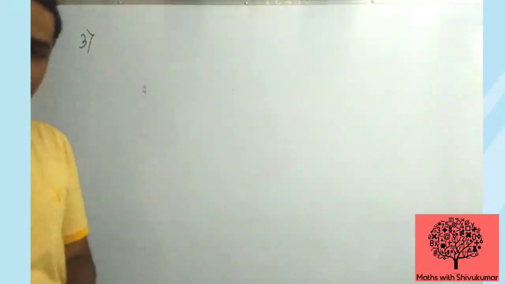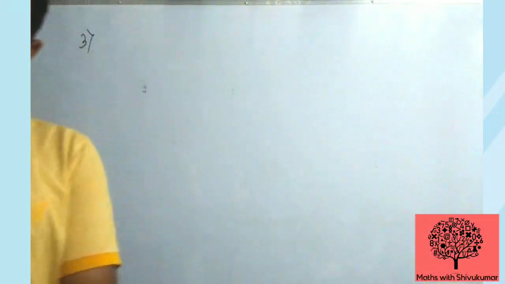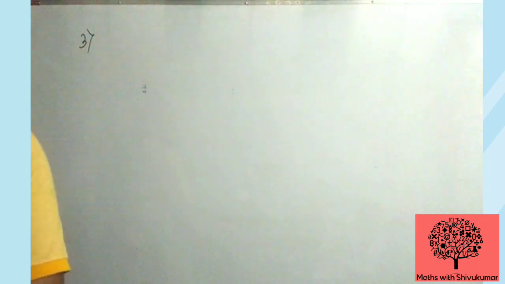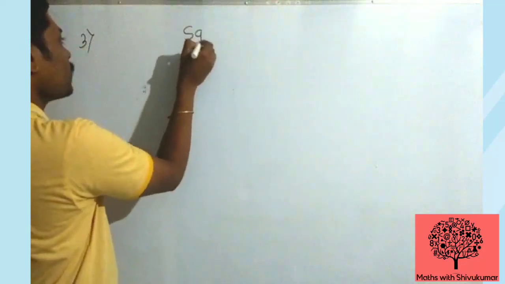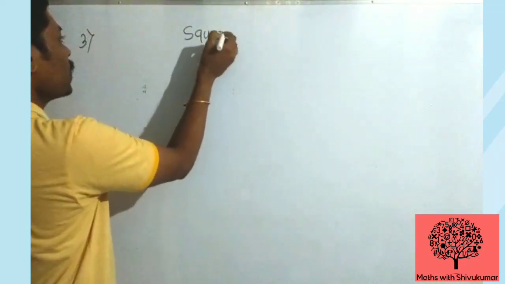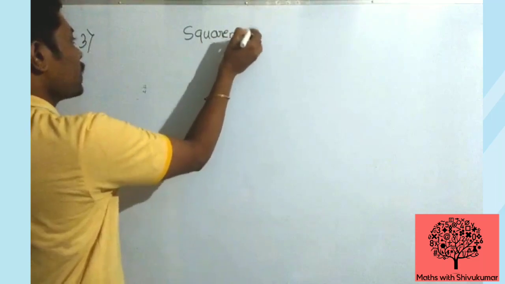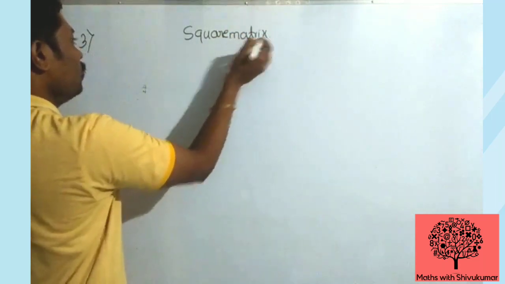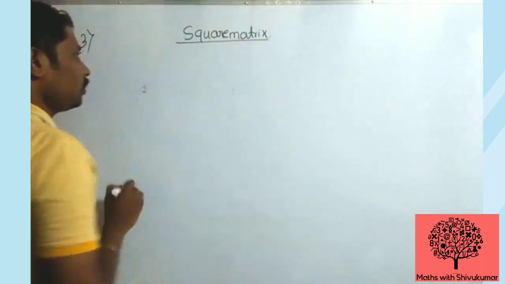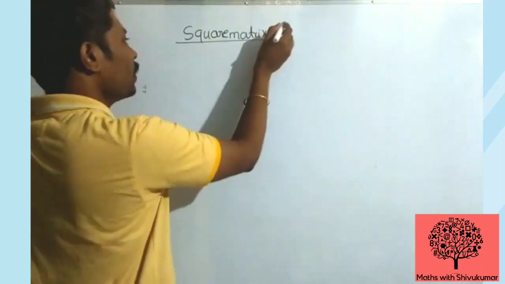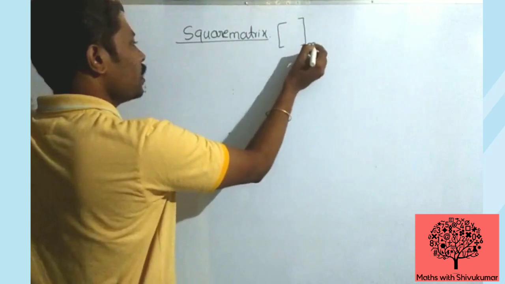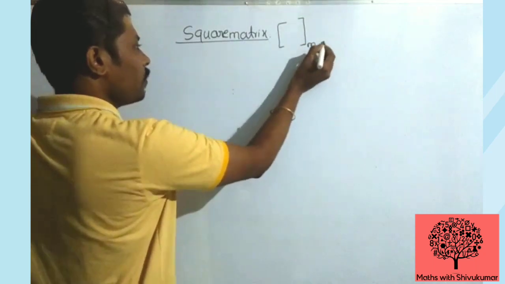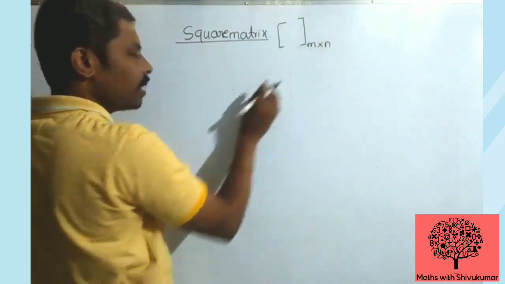By making one diagram very easily, I will tell you the definitions. Few important definitions I am going to discuss. Students, first one is square matrix. Always remember, here rows we will denote with m, columns we will denote with n.